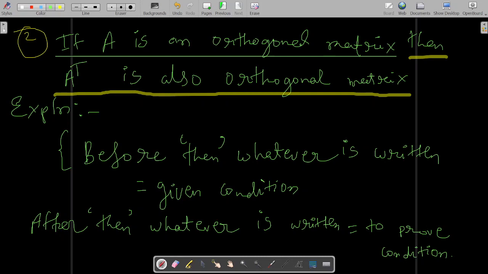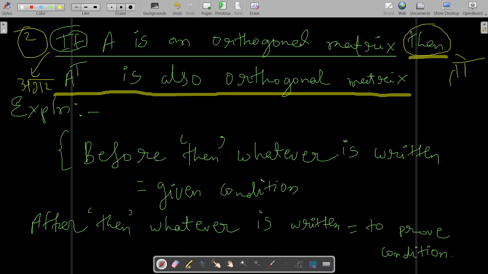So the meaning of this is very simple. "If" means agar, and "then" means to.